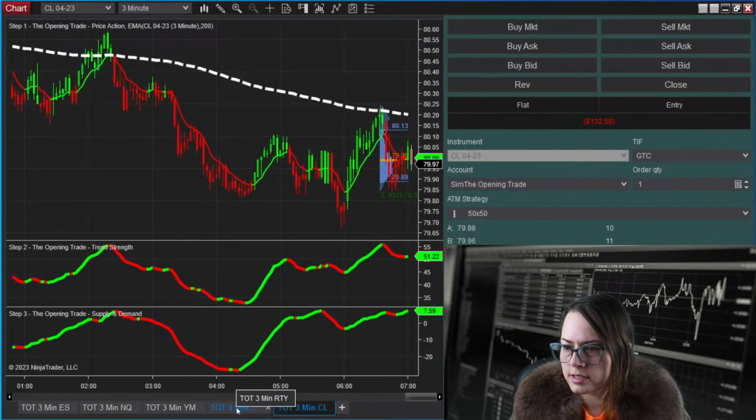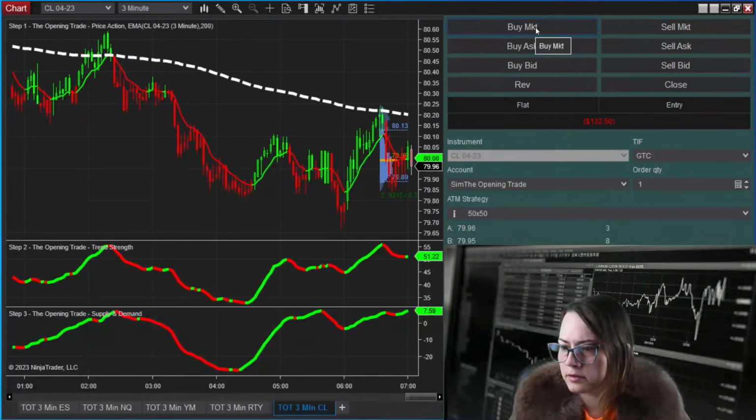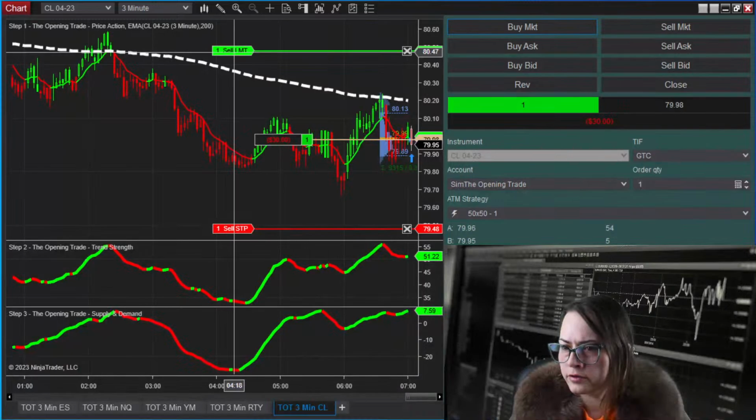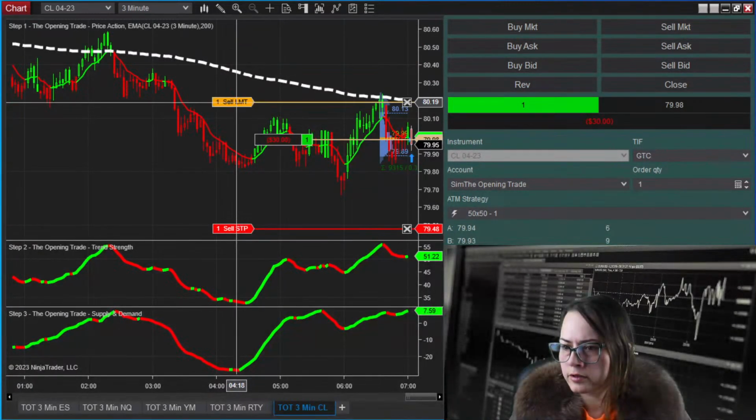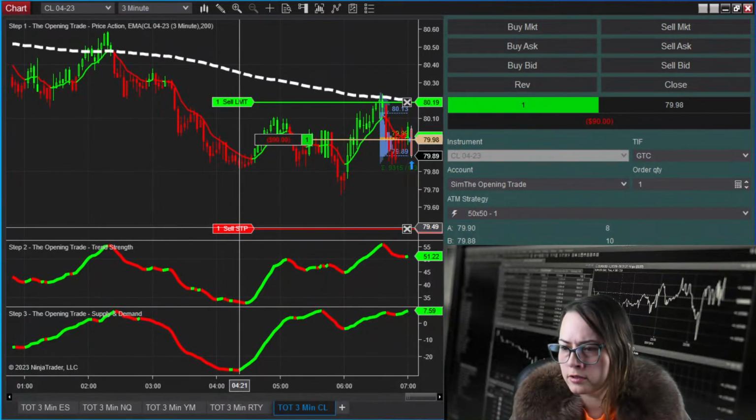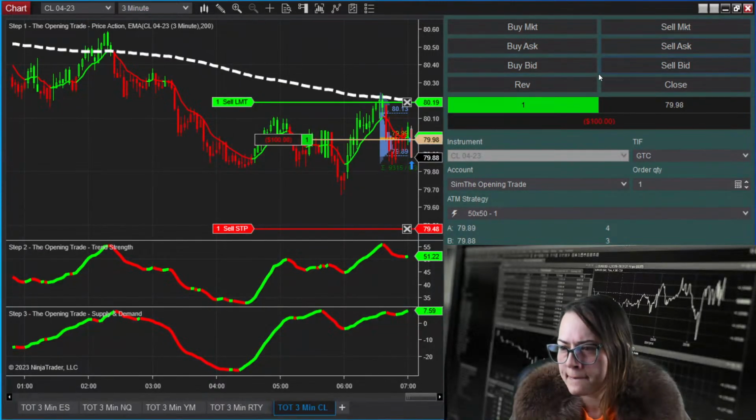So I'm just gonna see what else I can get. I'm gonna get in. Order filled. Getting in on the crude oil. Alright, so here I'm in a trade on the crude oil.